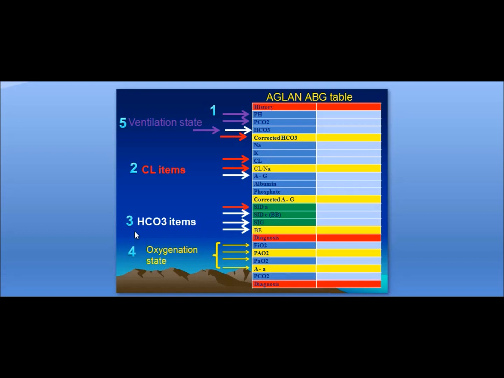Number 3, bicarbonate items: serum bicarbonate, anion gap, buffer base, strong ion gap, base excess. Number 4, oxygenation state of the lung: FiO2, PaO2, arterial oxygen pressure, and alveolar arterial gradient. Number 5, ventilation state: the pressure of carbon dioxide and its relation to the pH and bicarbonate.